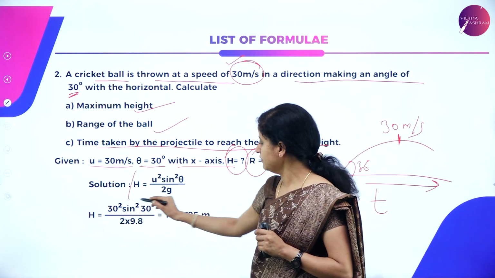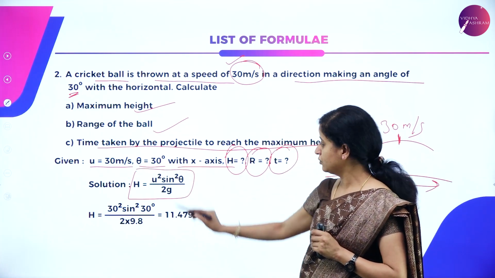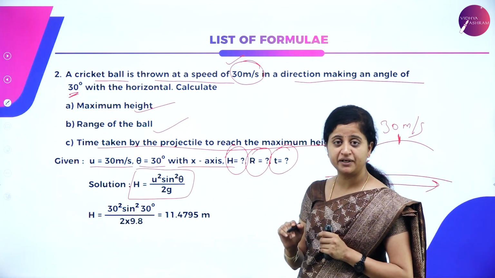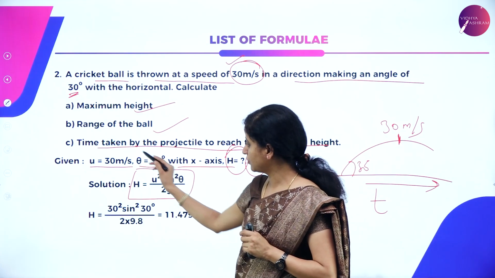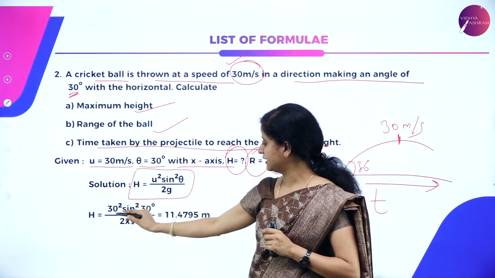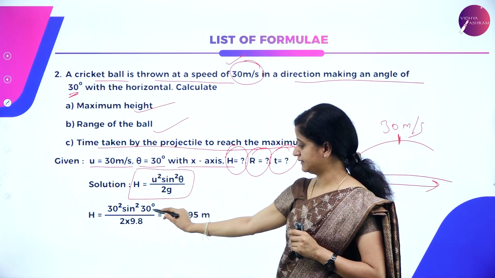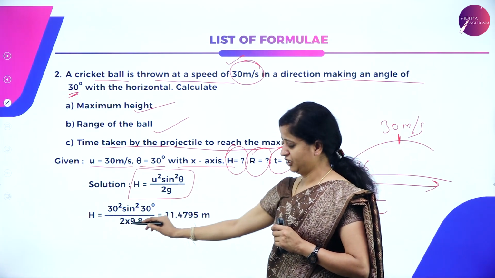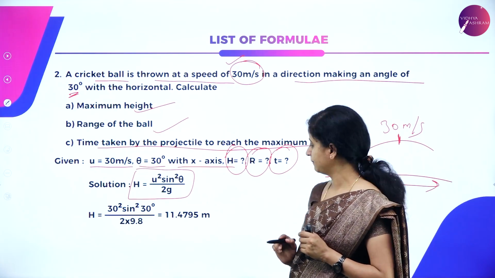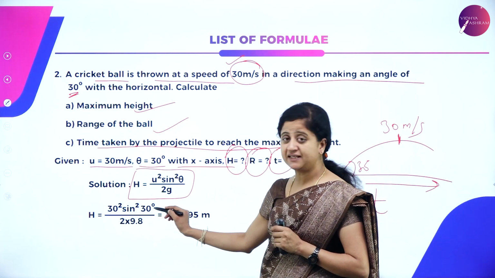The formula to find maximum height is u square sin square theta divided by 2g. So let us now substitute all the terms. u is nothing but 30. So 30 square sin square theta, where theta is 30 degree, divided by 2 into 9.8. Now what is the value of sin 30?